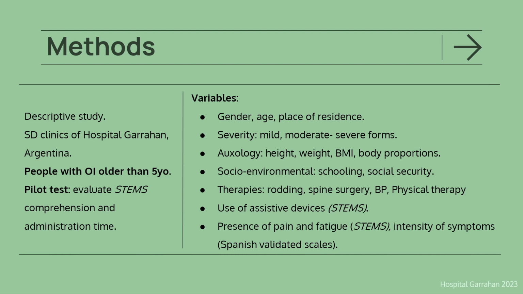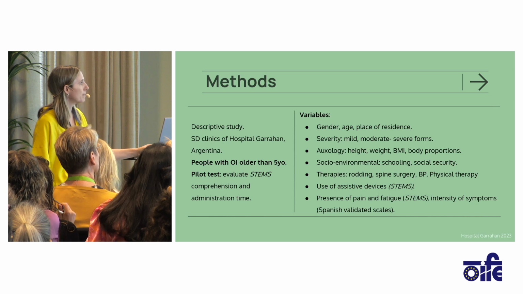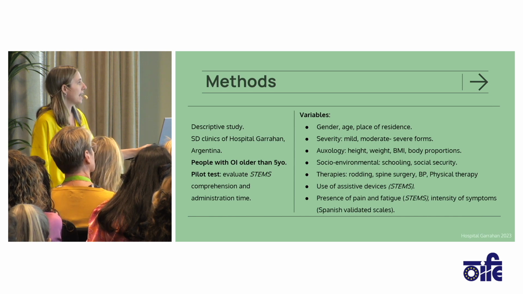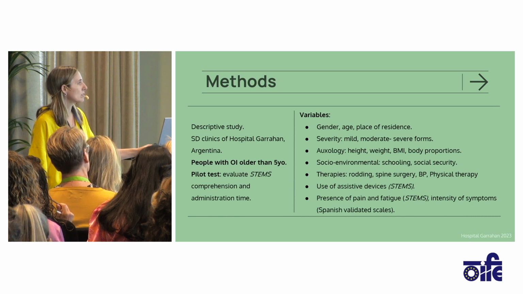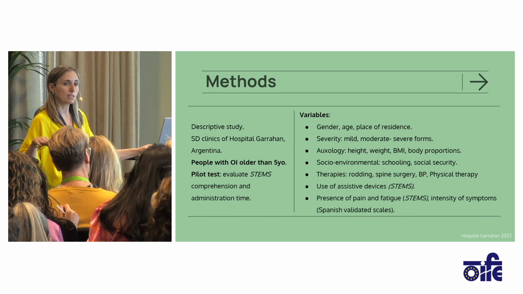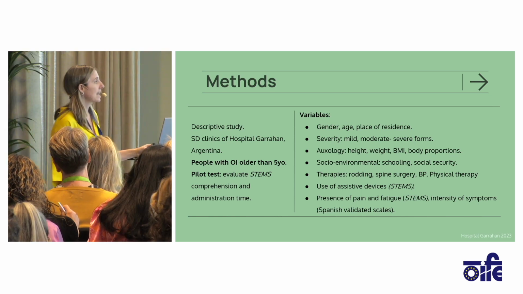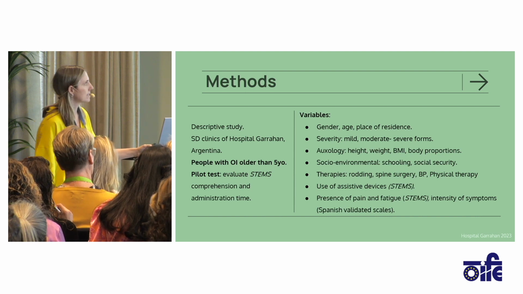So the different variables that we included were gender, the severity of the condition, then also, as this is part of the growth and development department, we assessed all the anthropometry parameters such as height, weight, BMI, socioeconomic and environmental information, the therapies, if the patient had rodding, spine surgery, bisphosphonates, physical therapy, the use of assisted devices, using the STEMS, and we also compared the results of the STEMS with other scales that evaluated pain, like the visual analog scale, and scales of fatigue using the PROMIS scale.